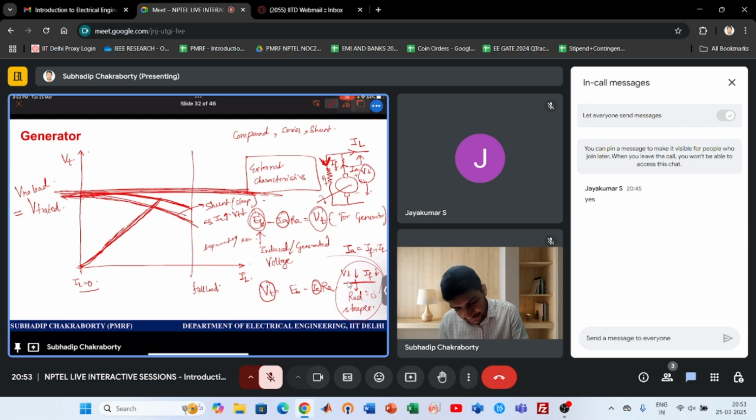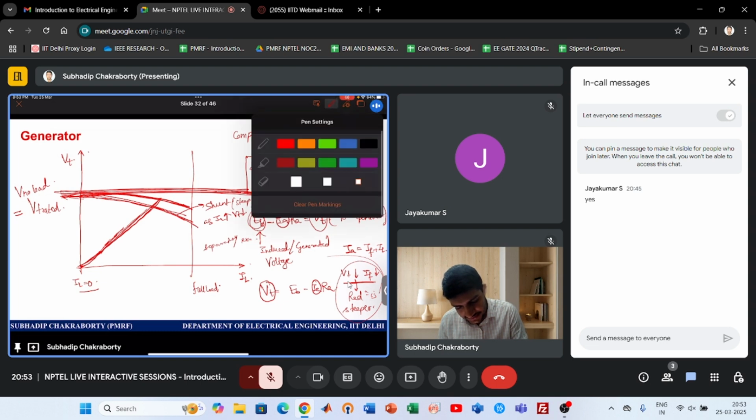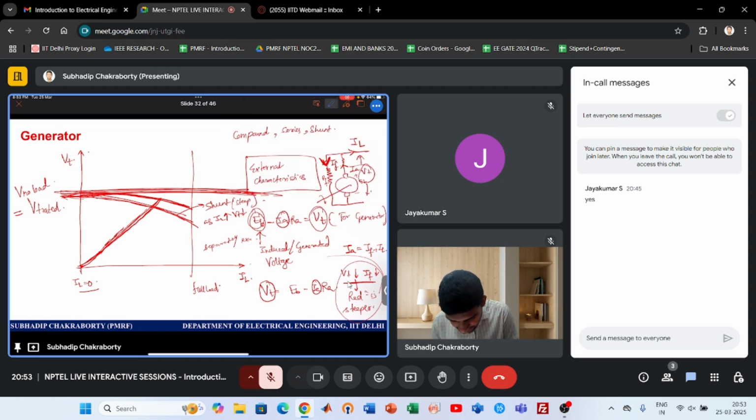So this, I can write using a different color, is for the separately excited. And this is for the series, ideally it should be increasing, but as you understand, after some time it will reduce, as I already told you.